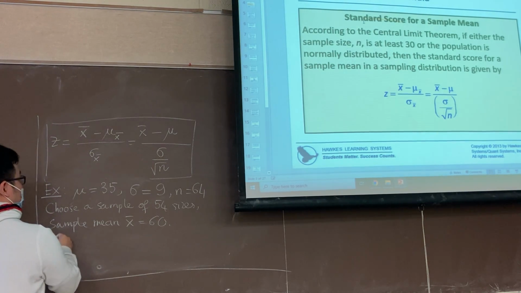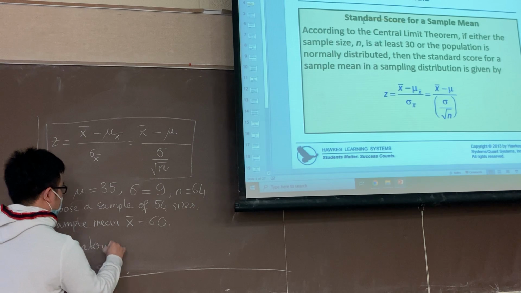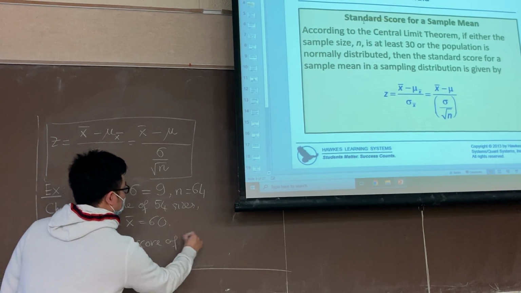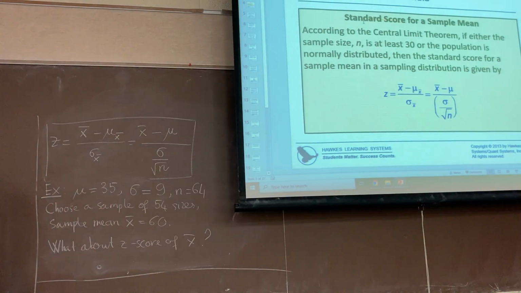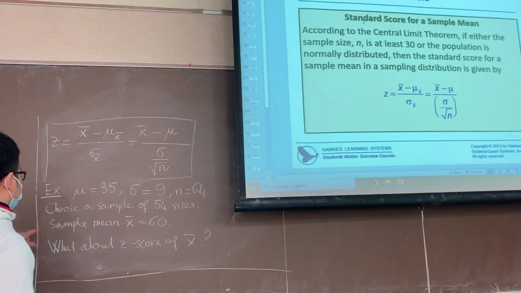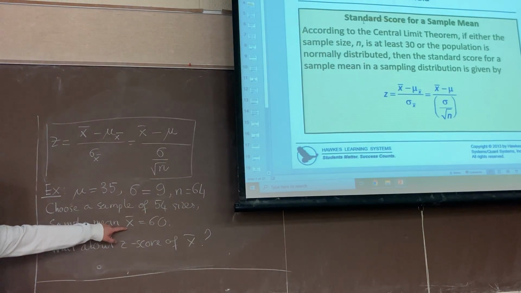So the question is, what is the z-score of x bar? This is the first step when we want to calculate the probability of choosing a sample with mean 60. We need to change it to the z-score.